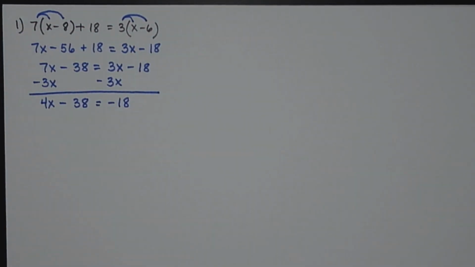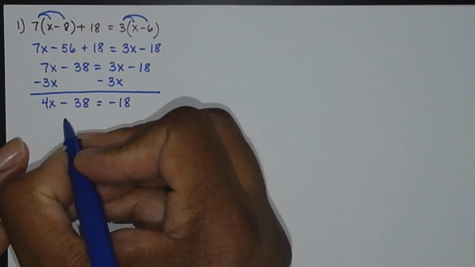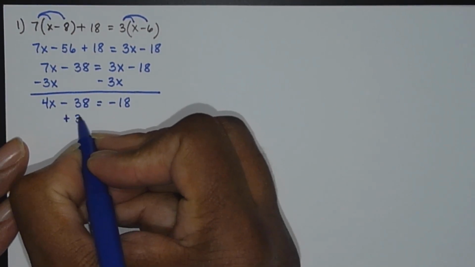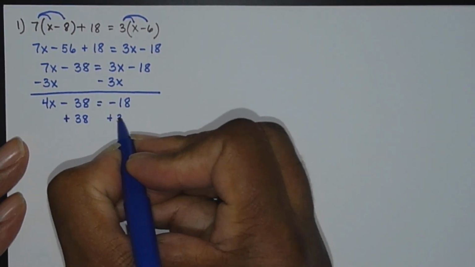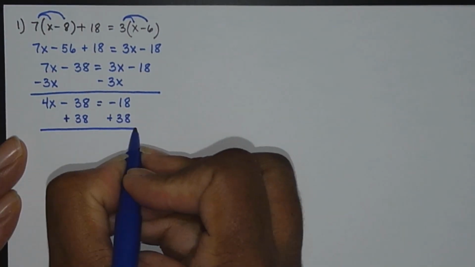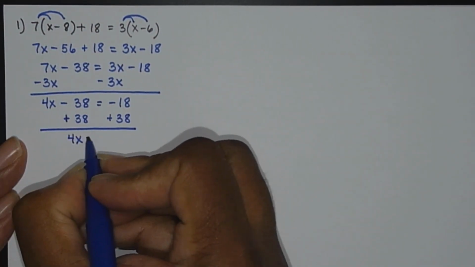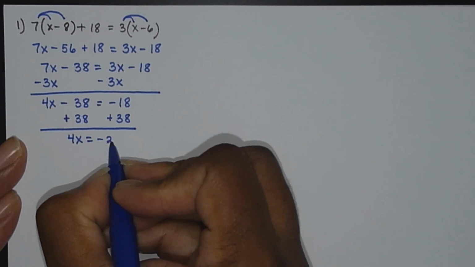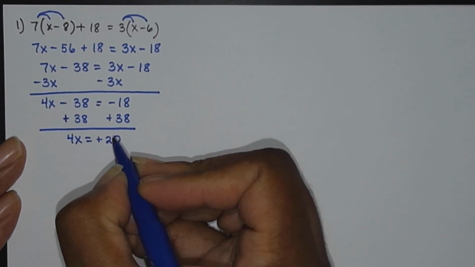Make sure you do bring down that negative sign in this problem. And then to get 4x by itself, we're subtracting 38, so we need to add 38. So that means 4x will be equal to 20, right?